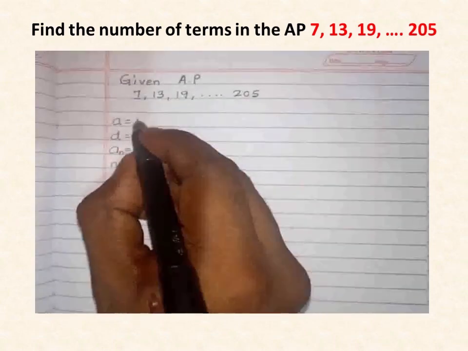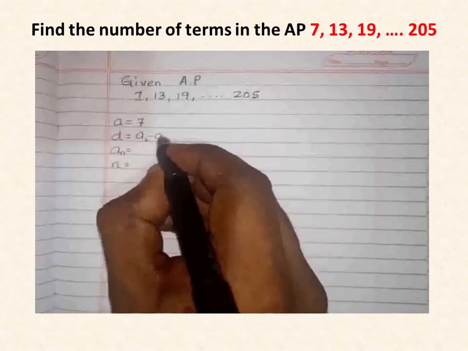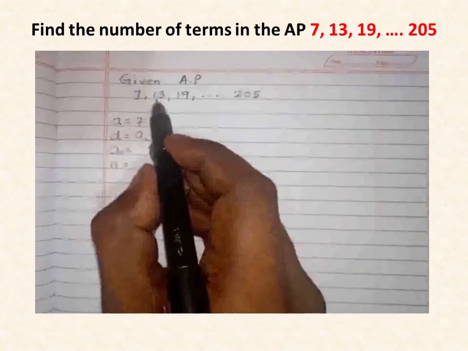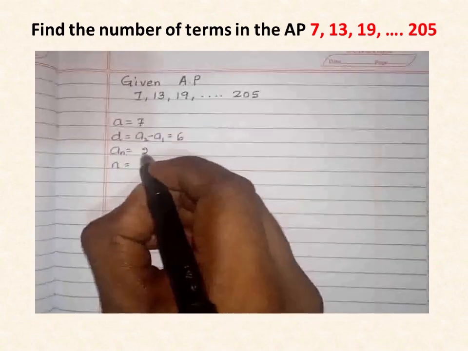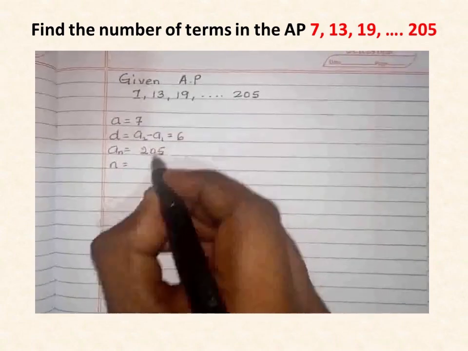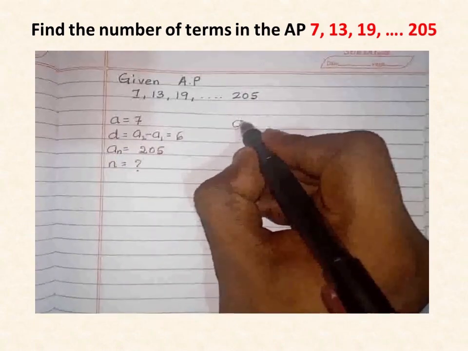So A is 7, then D is A2 minus A1, that is 13 minus 7 will give you 6. So the last term is 205, that is An. So we need to find out the value of n. Now we'll write down nth term formula.